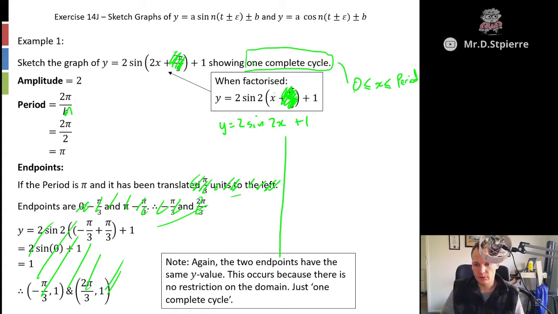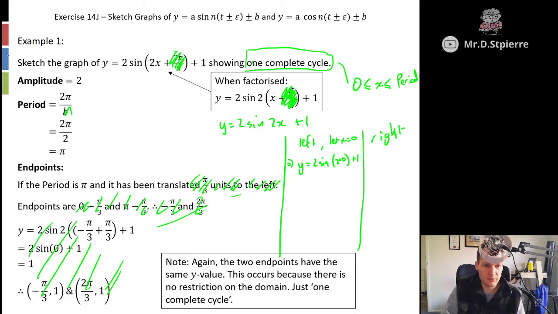So we've said, I'll put it here at the side, one complete cycle, well, since there's no horizontal translation, it's going to be from 0 up to the period, will give us one cycle, okay. So our left point, we need to let x equal 0, so it follows on, and we just need to solve the equation for y, so y equals 2 sine 2 by 0 plus 1.